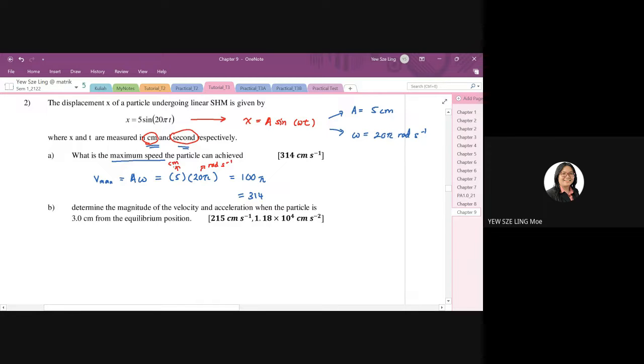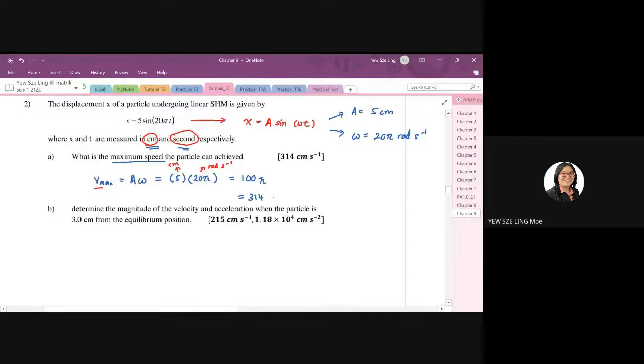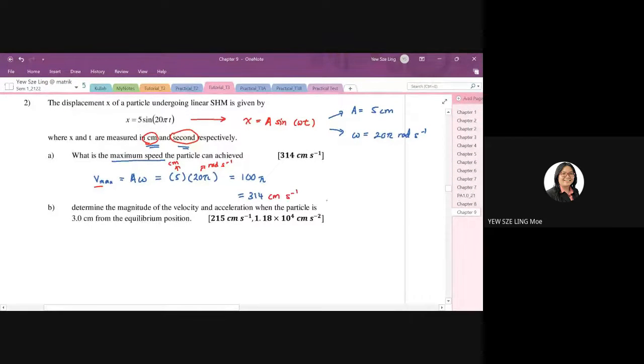So A is in cm, which means my V would be cm s^-1. Don't always think that the unit must be m s^-1. If your amplitude is in cm, then V would be in cm as well: cm s^-1.